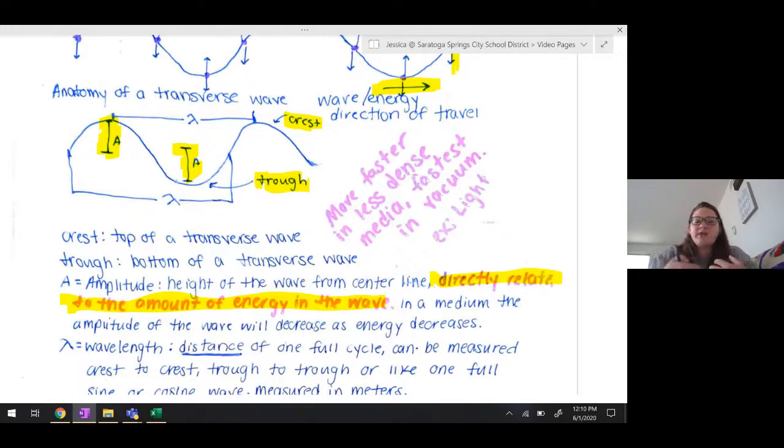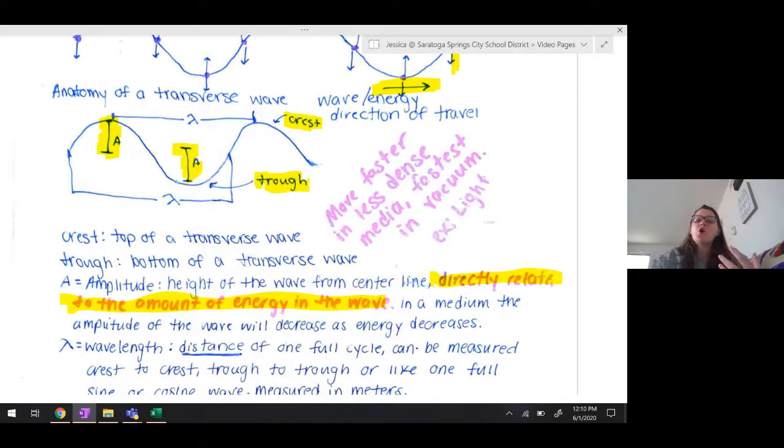Now in a medium, that amplitude is going to decrease as time goes on, as the energy decreases, because the particles in the medium aren't going to transfer energy completely elastically, right? Because we know that elastic collisions essentially don't exist.